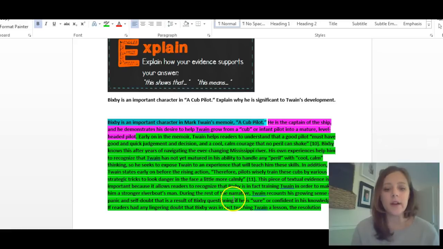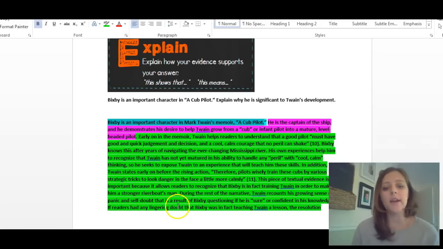During the rest of the narrative, Twain recounts his growing sense of panic and self-doubt that is a result of Bixby questioning if he is sure or confident in his knowledge. And I could even clarify that it is a result of Bixby questioning if Twain is sure or confident in his knowledge. That would be a little clearer since they're both guys.